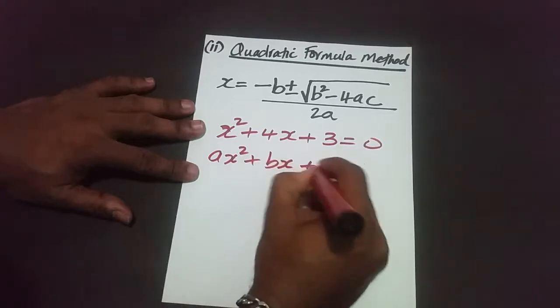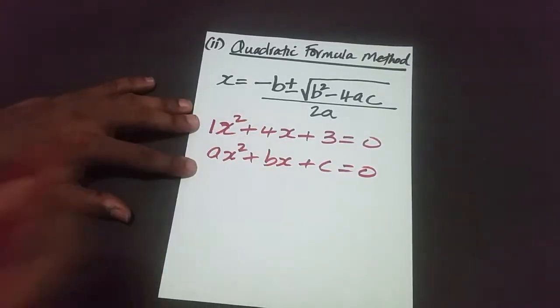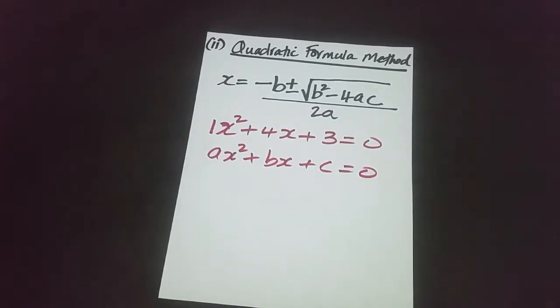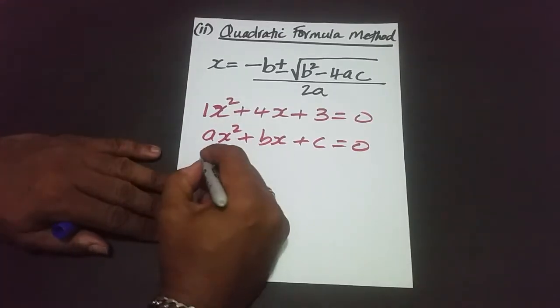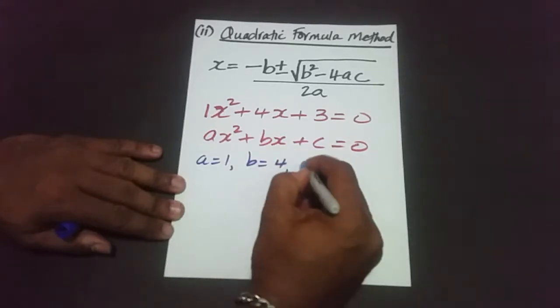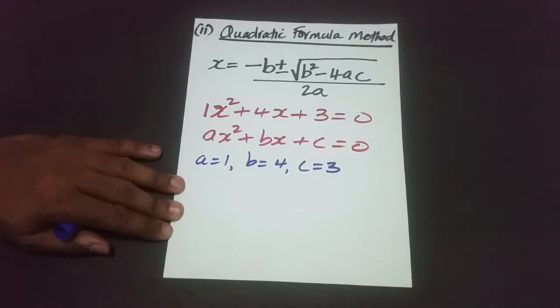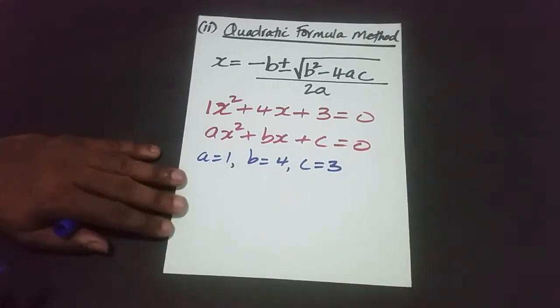Always do that. And it is, so remember that there's a 1 here, so that we should be able to easily identify the values of A, B, and C. So, the value of A is 1, the value of B is positive 4, and the value of C is positive 3.